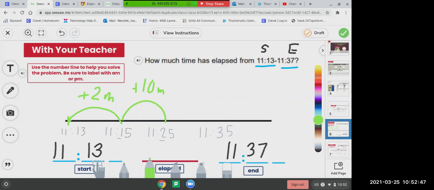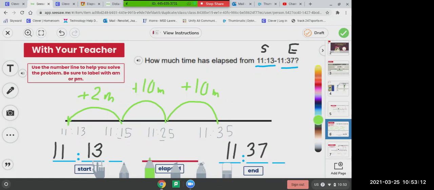Then I can do another jump of 10 from 11:25 to 11:35. So I will record that is plus 10 minutes. We are so close to our end time because now we are at 11:35.